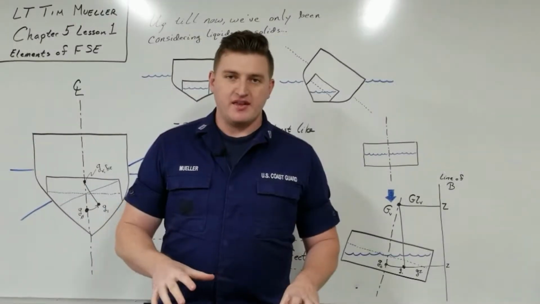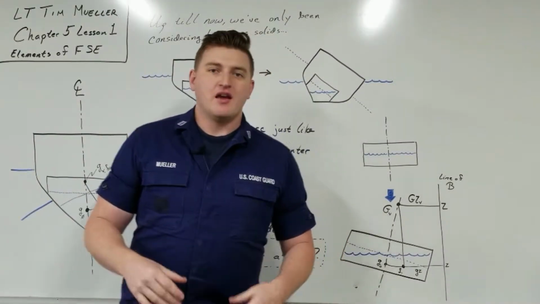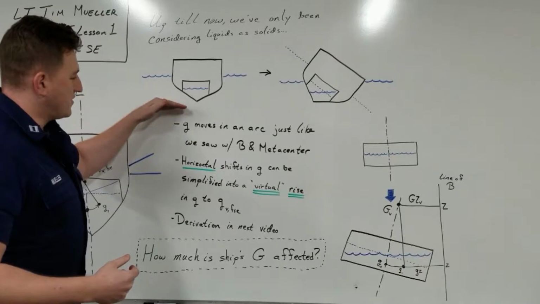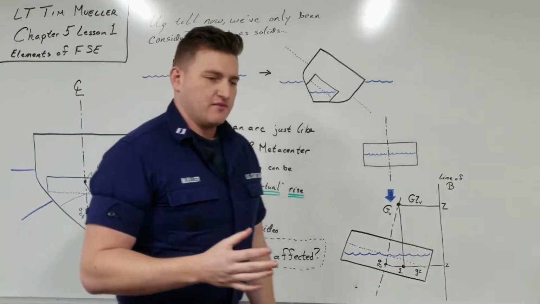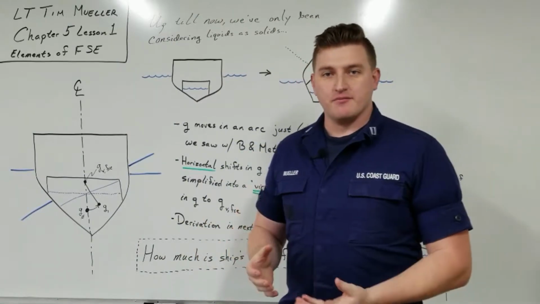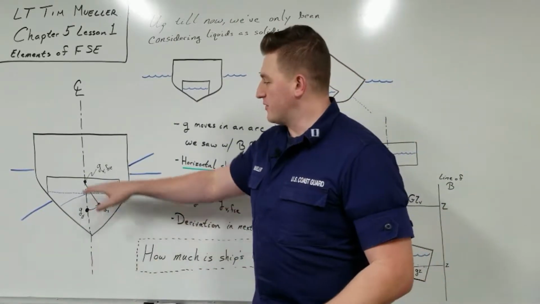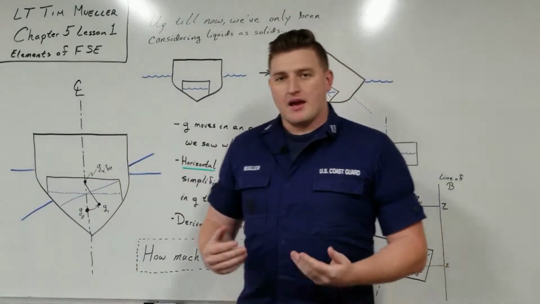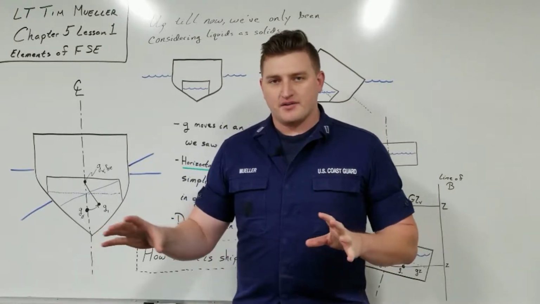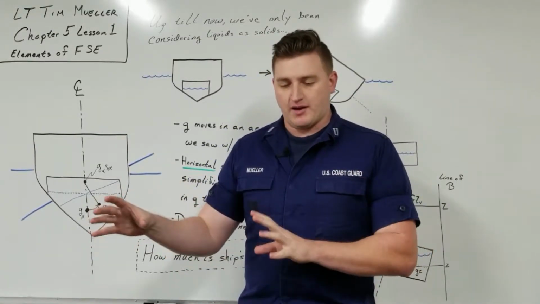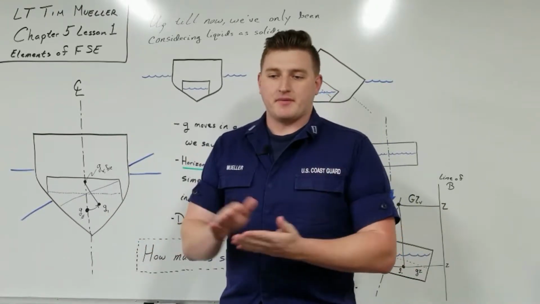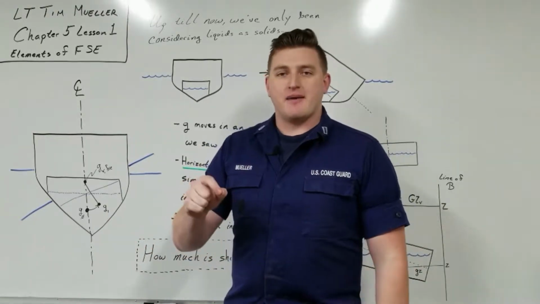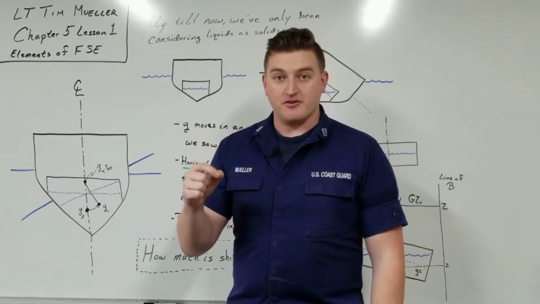Now, before going into the equation for free surface effect, I'm going to tell you what we've gone through so far in this video. We've learned that G moves in an arc in a behavior much like the center of buoyancy when we're talking about the metacenter, which we learned over on this side. And we also learned that these horizontal shifts in the contents of the tank, depending on the angle of inclination, can all be made much simpler by just imagining a virtual rise in the center of gravity.